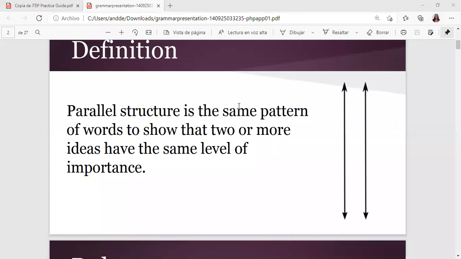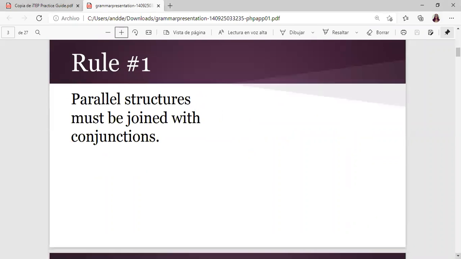We're gonna start by defining what a parallel structure is. It is a structure or a sentence that has the same pattern of words to show different ideas, but at the same level of importance. Rule number 1: the parallel structures must be joined with conjunctions.